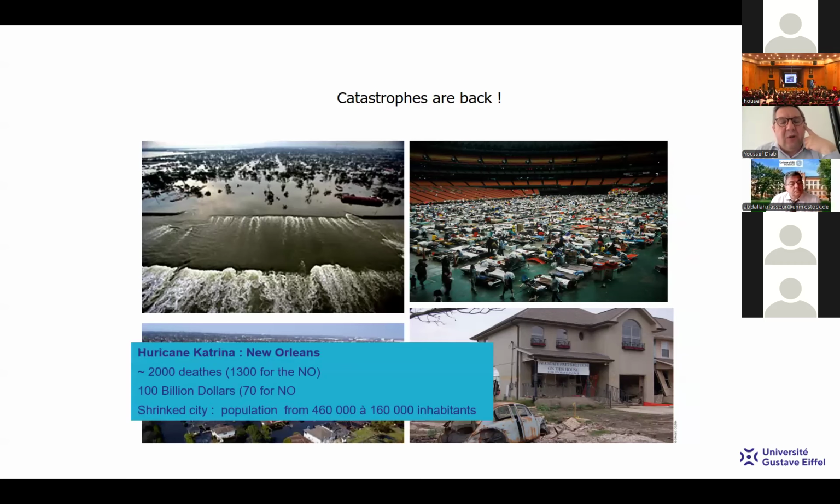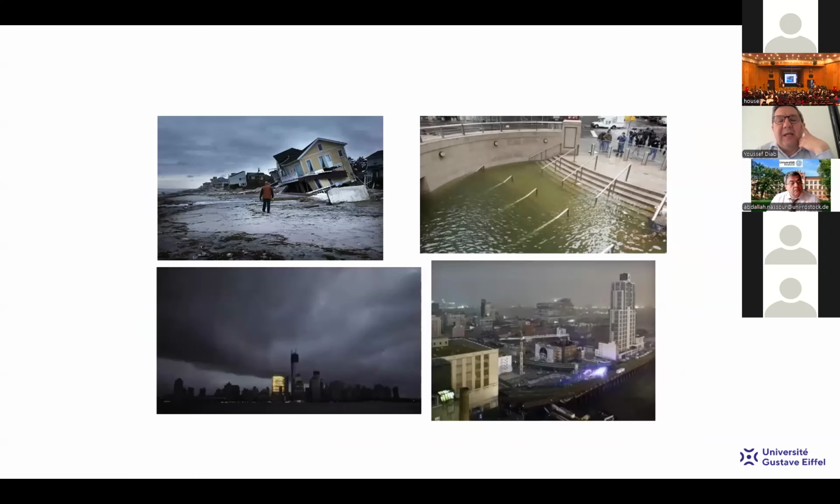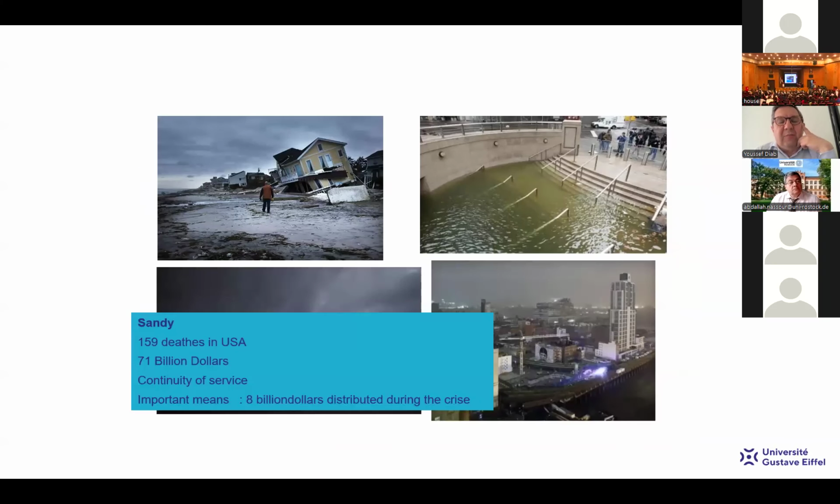For example, when we talk about New Orleans, you see the cost of damages: around $100 billion. The same with Sandy in New York, also $71 billion for reconstruction and for re-establishing a good situation after the hurricane.